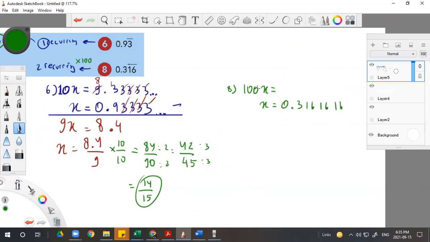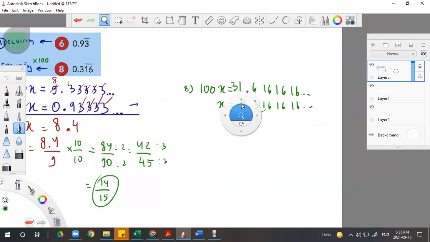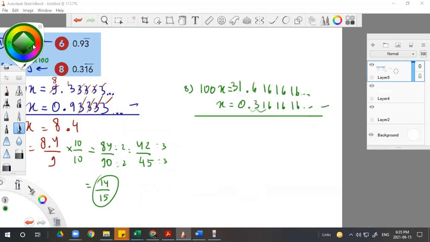Okay, so if I multiply this by 100, it has to be 31.61616, okay? 31.6161616, and so on. Because I multiply by 100, I have to move the decimal 2 steps to the right. Then subtraction. Again, why subtract? It's a must.